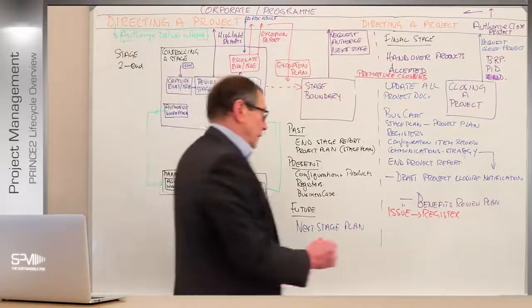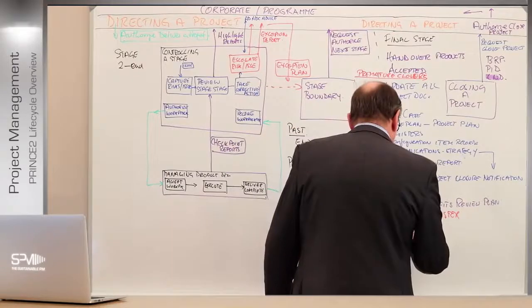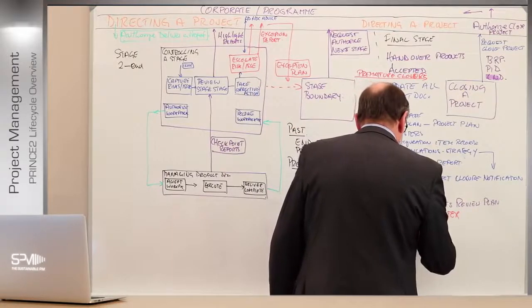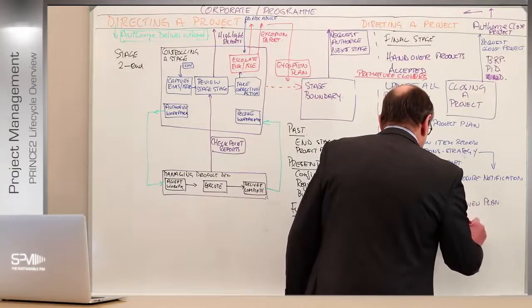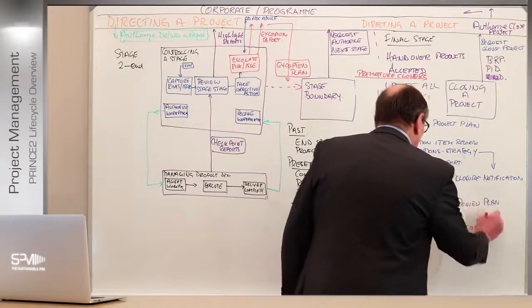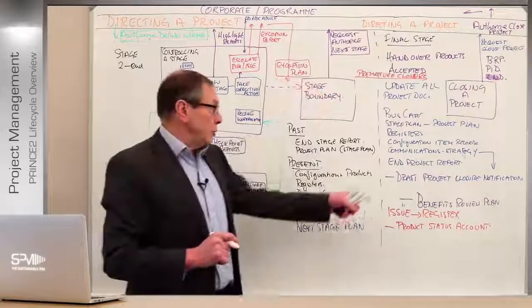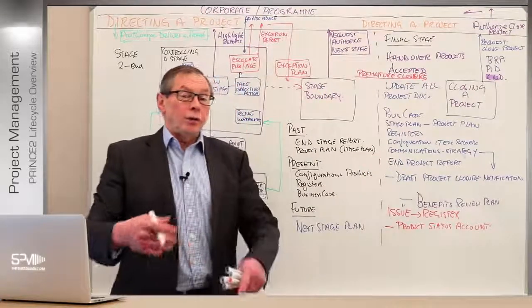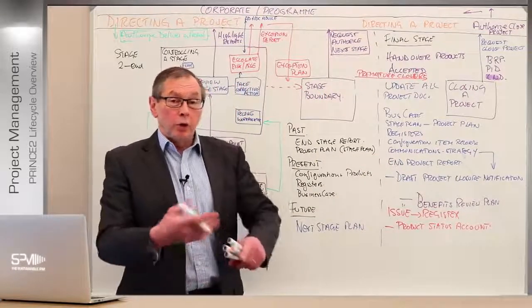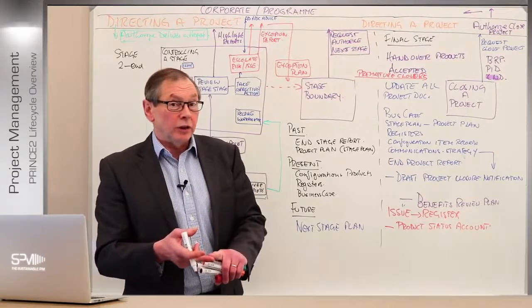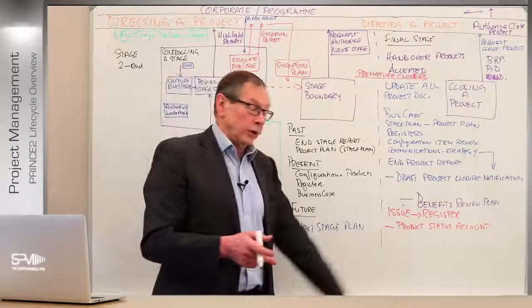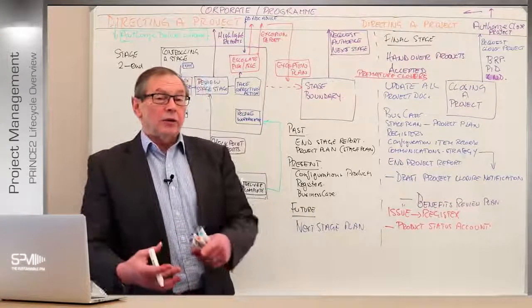Right. Then after that, we've got some products. So we need to produce a product status account. Interestingly enough, all the other ones we do, all the reports we do out of our registers and stuff, are one-off reports. So you produce a report for a particular issue, a particular configuration, a particular risk, for example. Here it's a bit different. Here is an account of anything I've done so far.